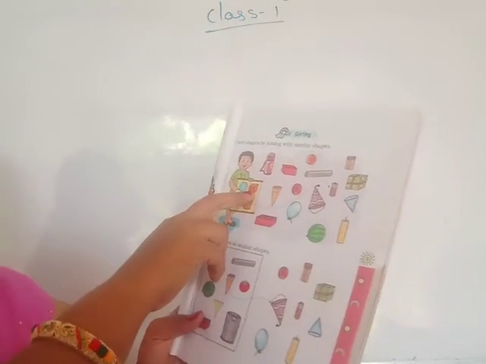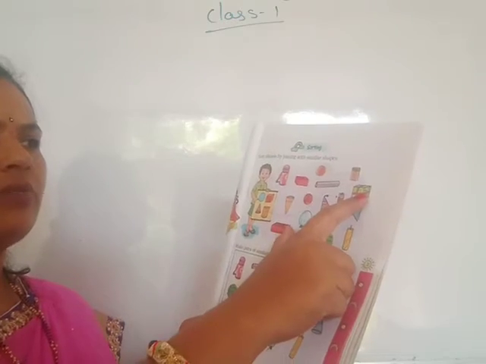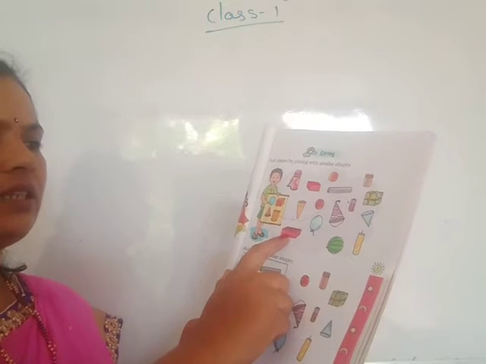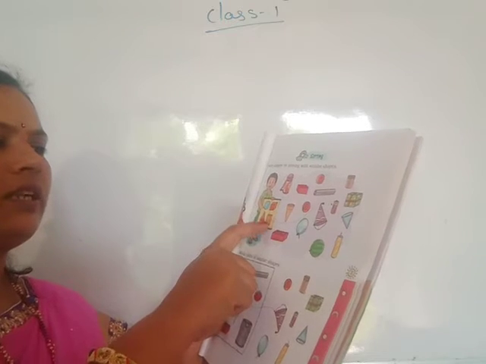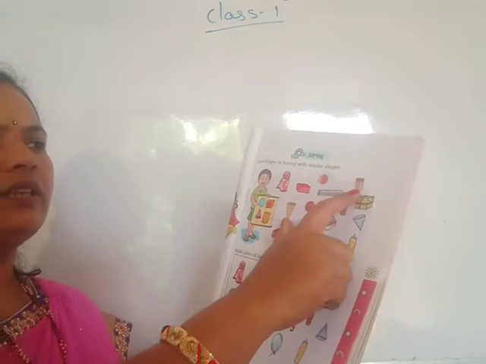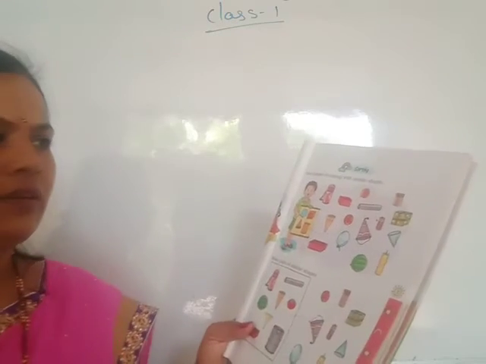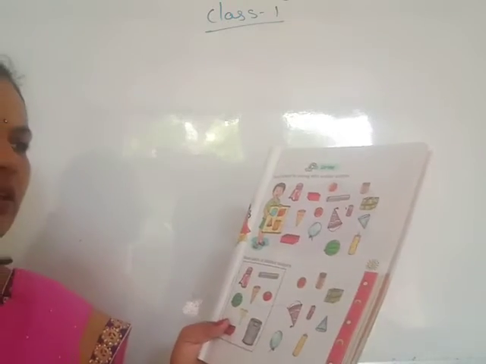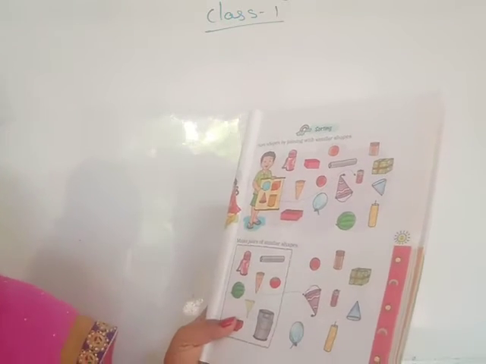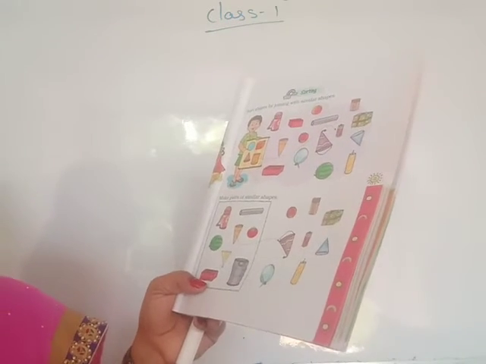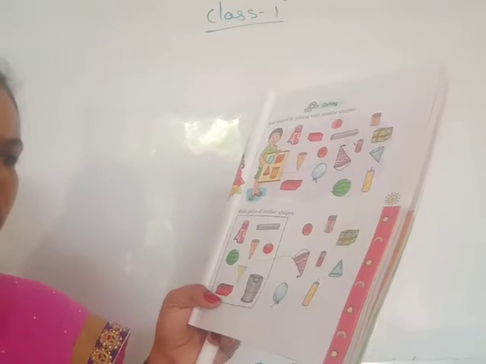Then next one, see here. This box is cube type, this box is cube type, and one eraser is also cube type. And this is cylinder type: here one box, one tin, water bottle, this shape, candle, these are also cylinder type. All of these similar shapes you match here. Then next, make pairs of these similar shapes.